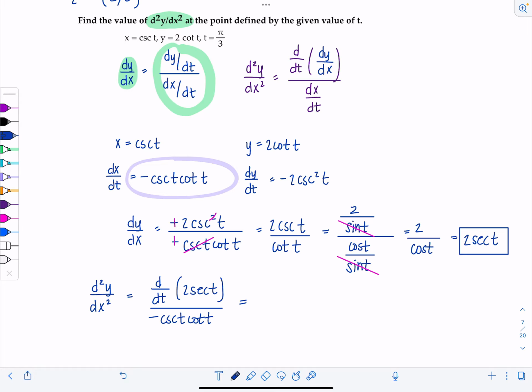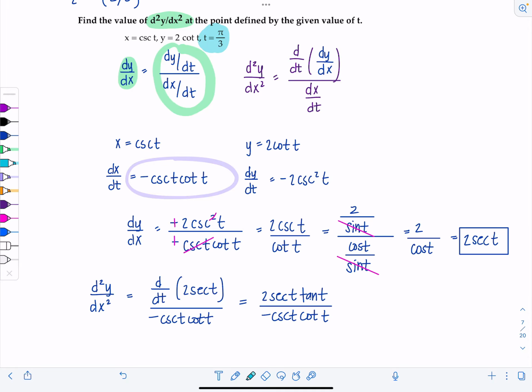Okay, so derivative of 2 secant t, do you remember what it is? 2 secant t tan t over negative cosecant t cotangent t. Now, at this point, if you want, you can already plug in t equals pi over 3 and evaluate it, because that's all they're interested in, the value of the second derivative at that point.